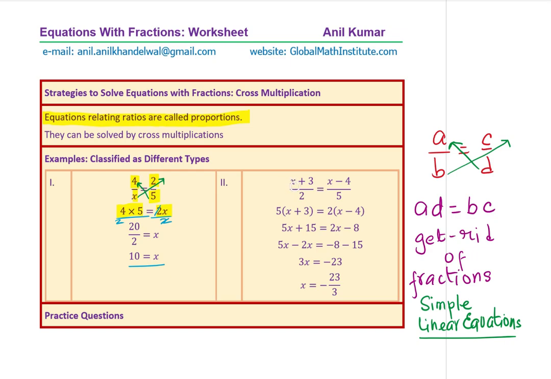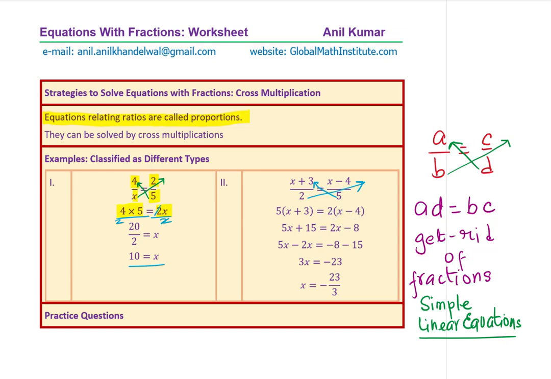Now, here is another example which you must have come across many times, and it creates confusion at times. Our policy of cross multiplication works fairly well here also. Cross multiply. Multiply x minus 4 by 2 and x plus 3 by 5, which I've written as 5 times x plus 3 equals to 2 times x minus 4.